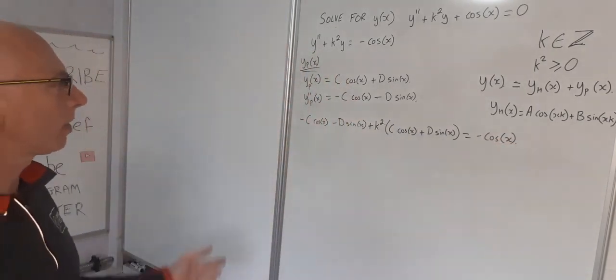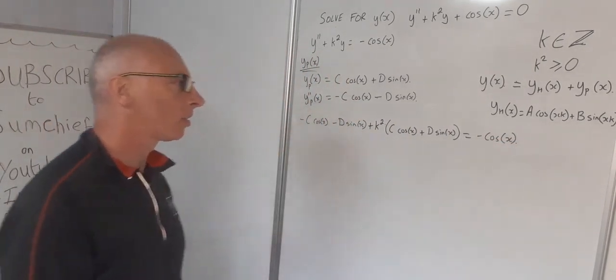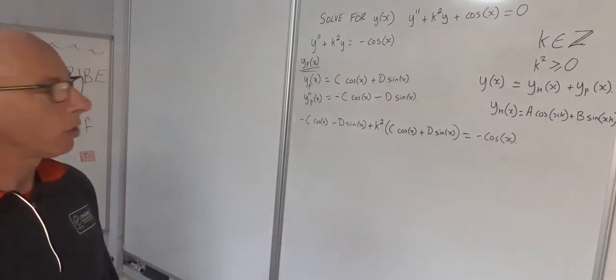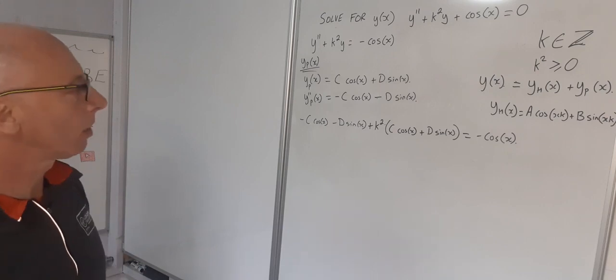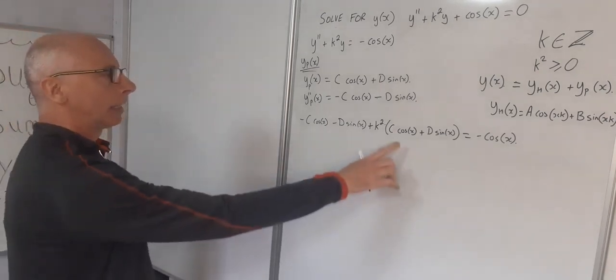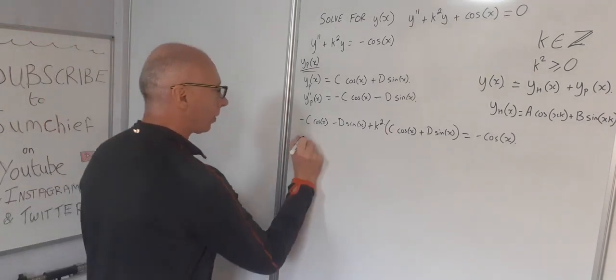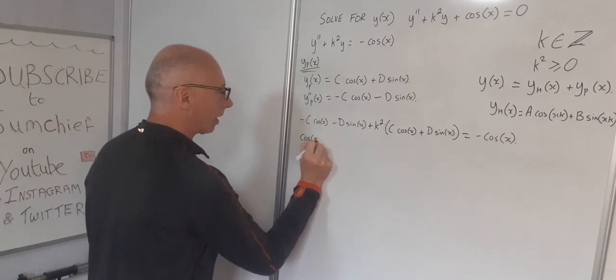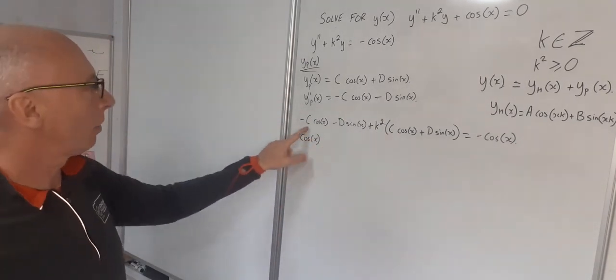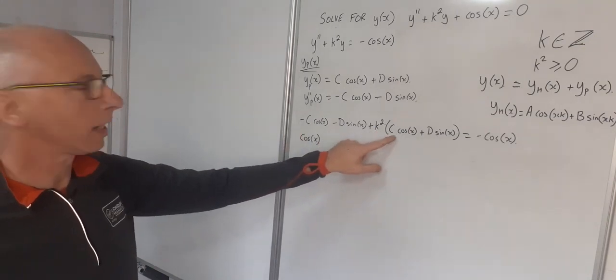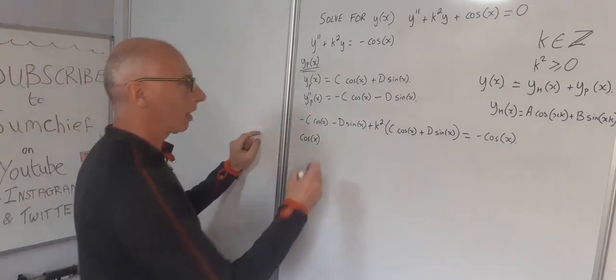Okay, so this is looking a little bit messy here, not a lot I can do there at the moment, but what I could do is get my sines and my cosines together and see what I can do from there. So start with the cosine. If I do cosine of x and then take my constants which are before it, I've got a k squared c here and a minus c here.